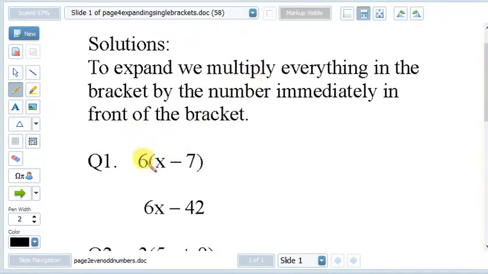So we've got 6 times x, which is 6x, and 6 times negative 7. A positive times a negative is a negative, and 6 times 7 is 42. So well done if you managed to get that one correct.